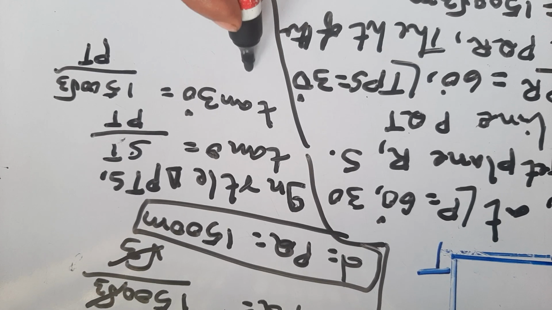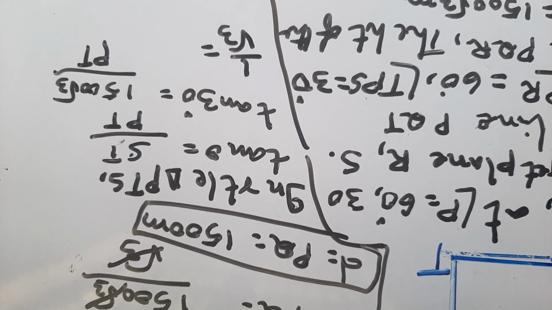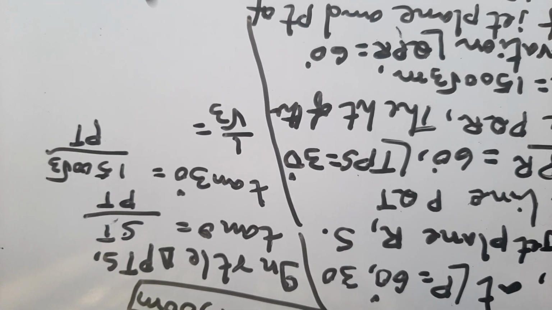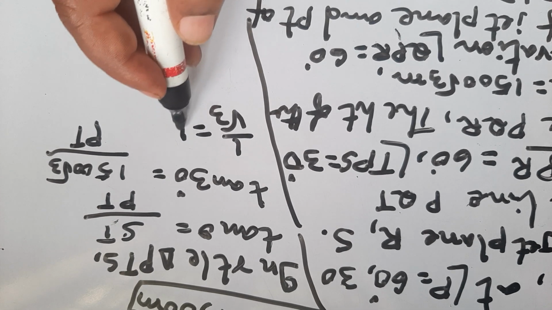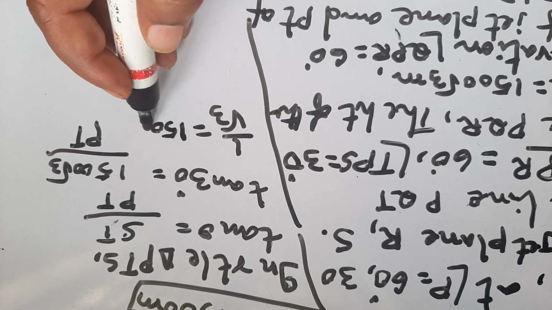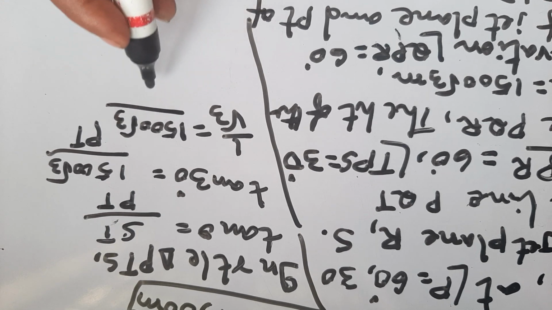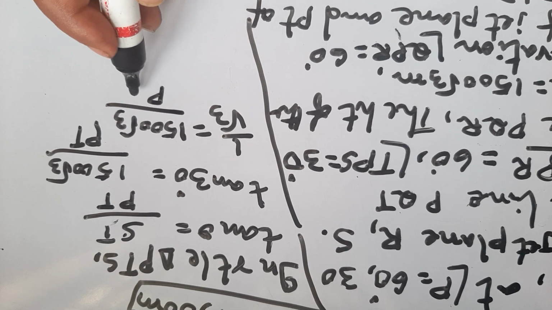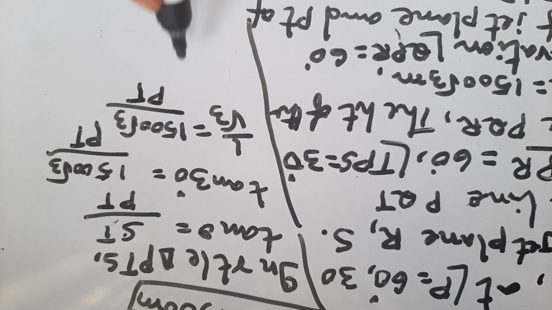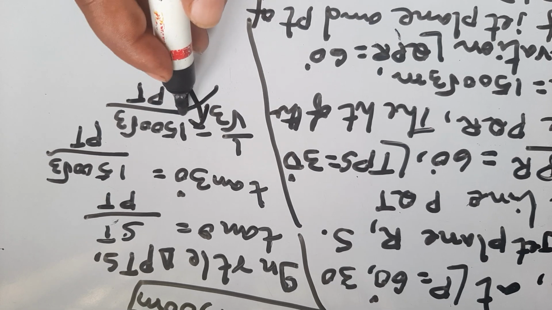Next, tan 30 is 1 by root 3. So 1 by root 3 is equal to 1500 root 3 by PT. PT is nothing but D, the distance. We should go for cross multiplication.